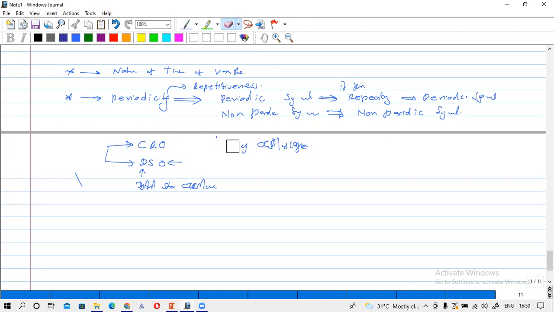So using this CRO, what type of signal can you observe actually? Did you notice it? This CRO doesn't have any storage capacity.